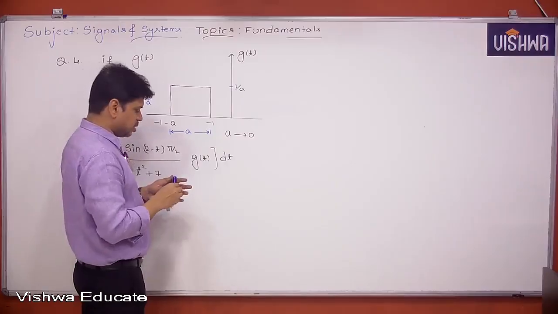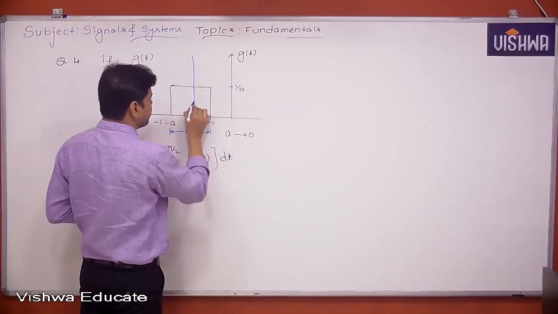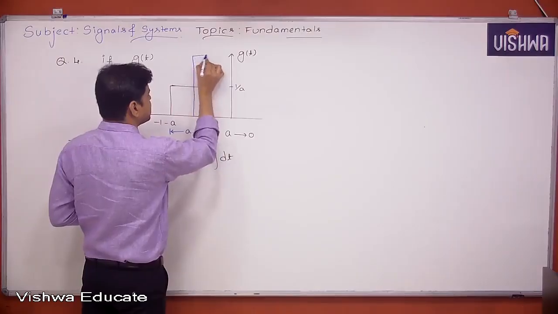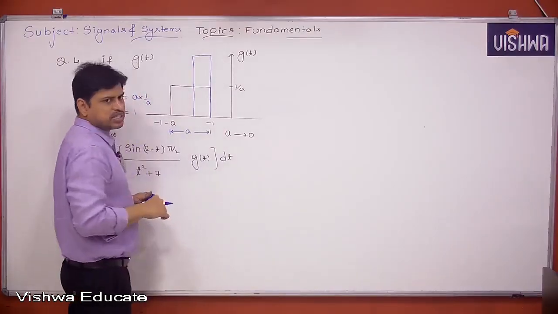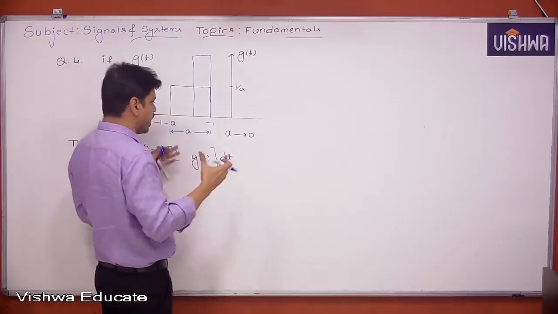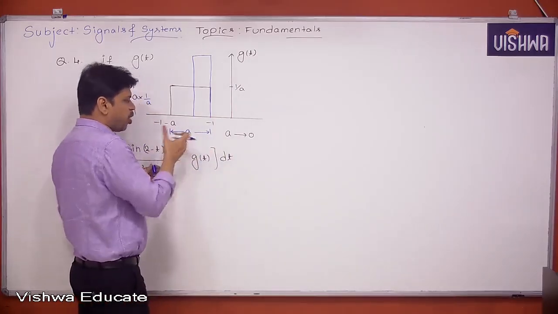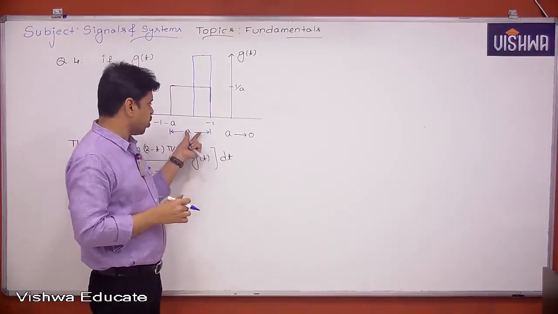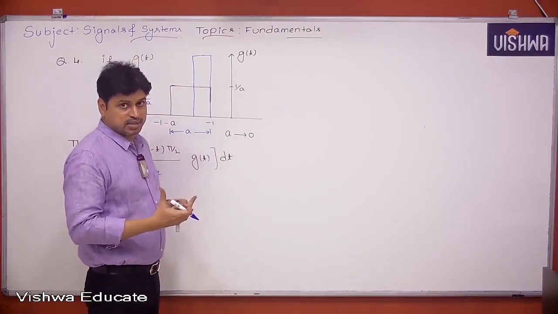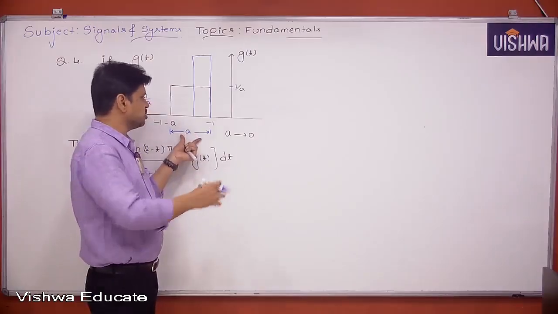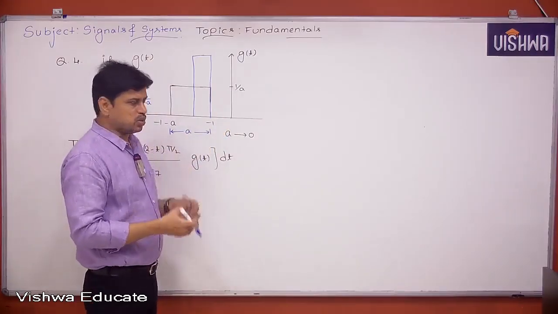Still, what area are you going to get? If the a value keeps on decreasing, the height keeps on increasing, but the area of this rectangular pulse is still 1. Again, if I decrease the a value, let's take a equal to 0.1. Then 1 by a is nothing but 10. The width is 0.1, the height is nothing but 10. Still, the area is equal to 1 only.